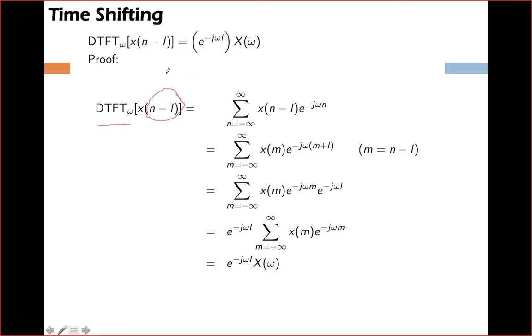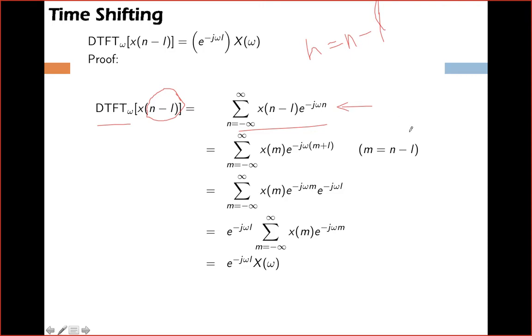You know the DTFT formula, and I'm simply replacing n with n minus L, that's it. If I introduce n minus L, what is going to happen, we will see now. So the DTFT of x of n minus L, when I substitute in the DTFT equation, I will get summation n equal to minus infinity to plus infinity x of n minus L into e power minus j omega n.